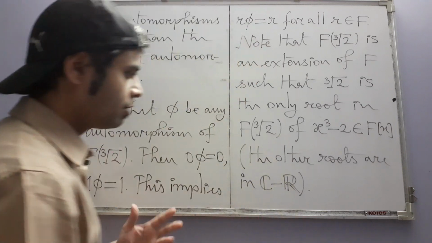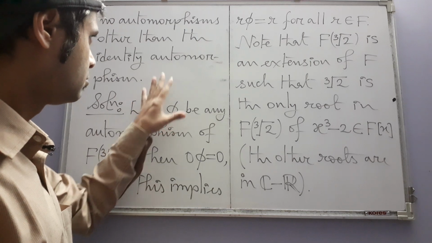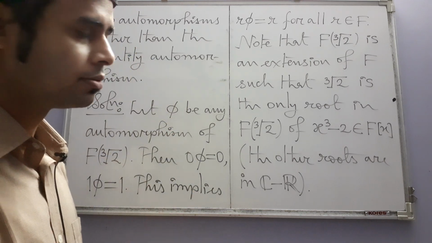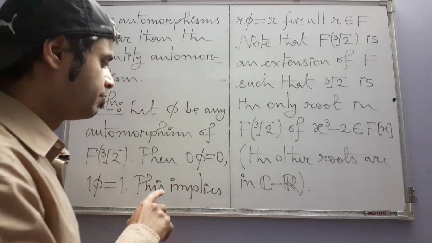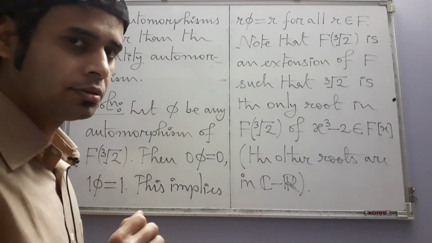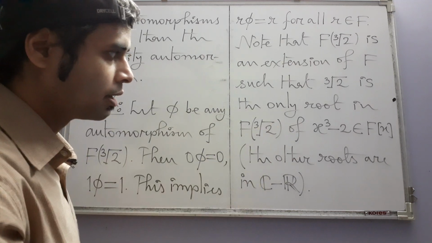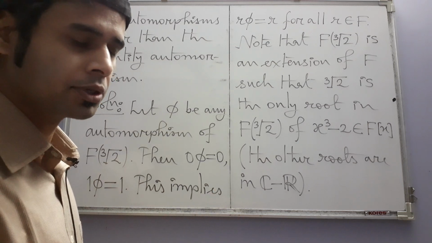Okay, so now if we apply the result of exercise 11, then what does that say? It says that if we apply any automorphism to a root of such a polynomial, then the result is again a root of that polynomial.